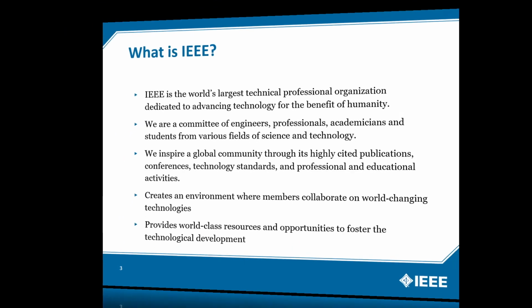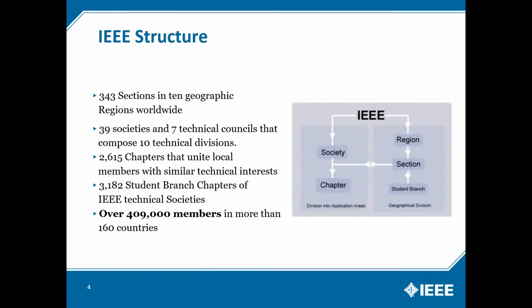So moving on, IEEE is a global organization, so obviously it has some sort of structure for it to function on such a scale. It has 343 sections in 10 geographical regions across the world, 39 societies and 7 technical councils that come under 10 technical divisions.